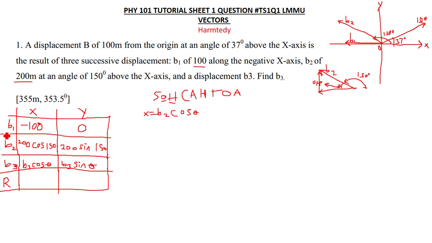You add that plus the 100 there, so it will be negative 173 minus 100, which gives you negative 273.21.